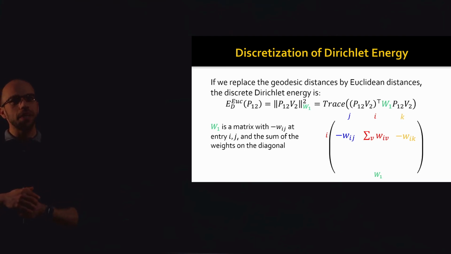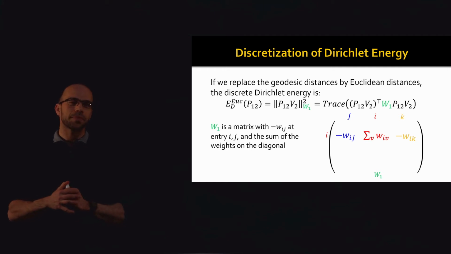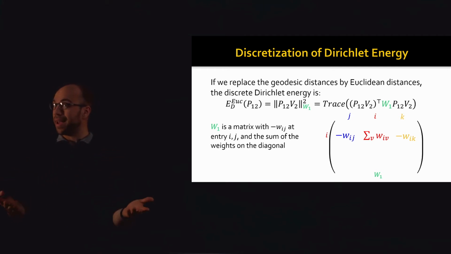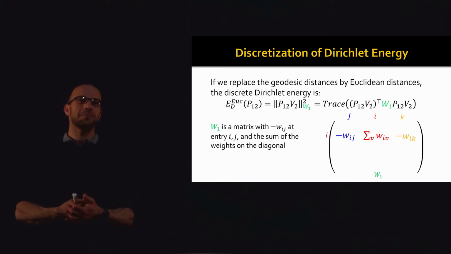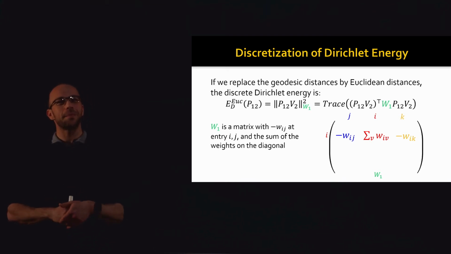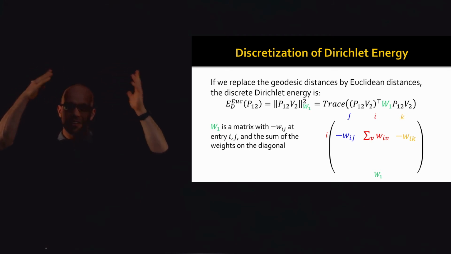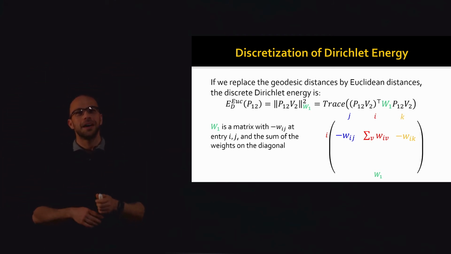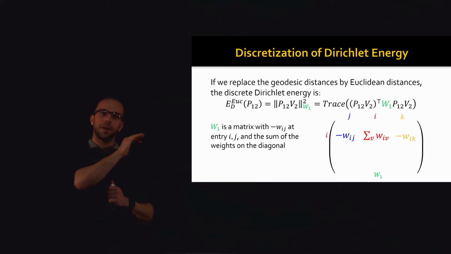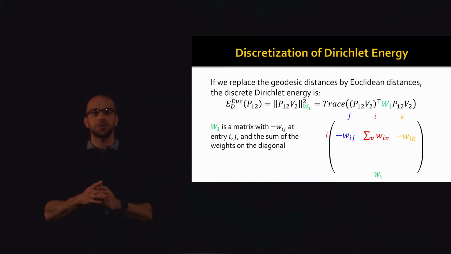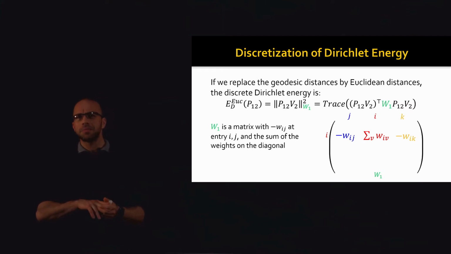So this actually gives a really nice discretization of the Dirichlet energy, where if we make an admittedly bad approximation, which is that distances along the surface are approximated by Euclidean distances in 3D, that should be like alarm bells in your head that something has gone a little wrong. Then essentially we can write the Dirichlet energy as a weighted L2 norm on that matrix P12. So somehow now the objective function isn't so hard to work with, but we have really tough constraints, right?